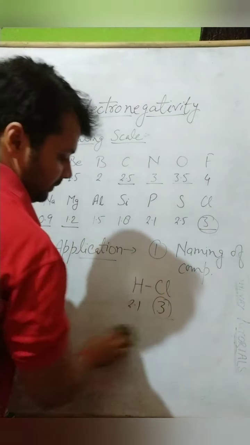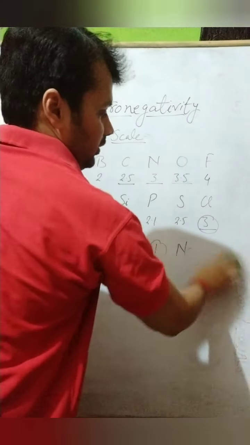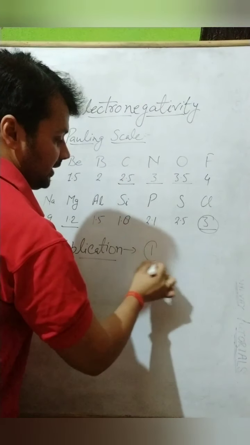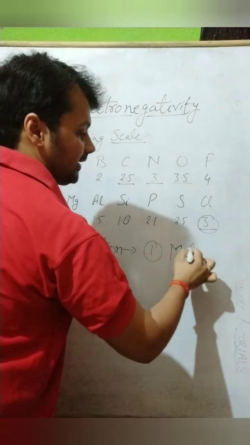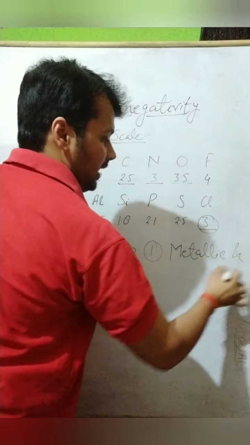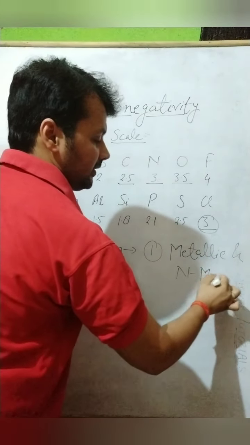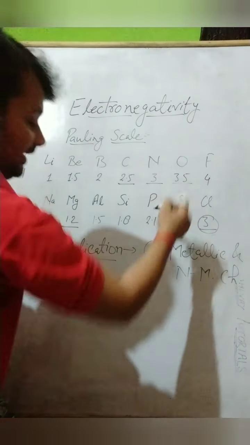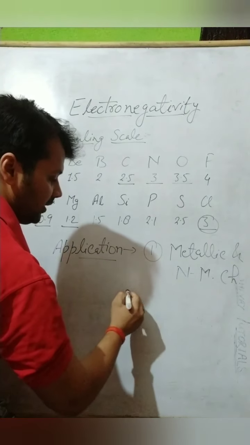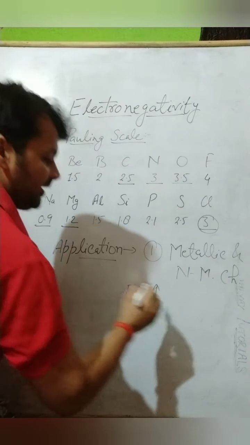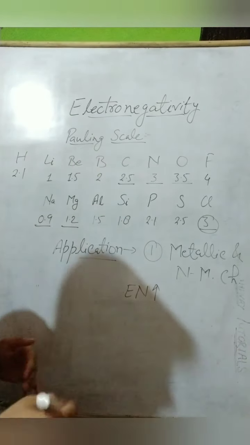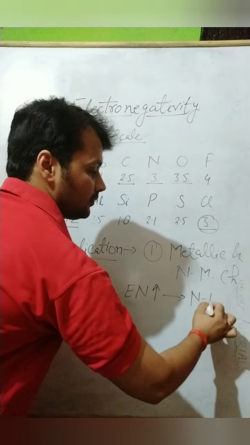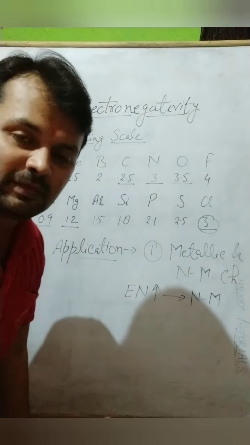Let's take one more application. Electronegativity helps us to determine metallic and non-metallic character. How does it determine this? If the electronegativity of an atom is very much higher than the other atom, then it will be considered a non-metal, because high electronegativity means it is attracting the electron.